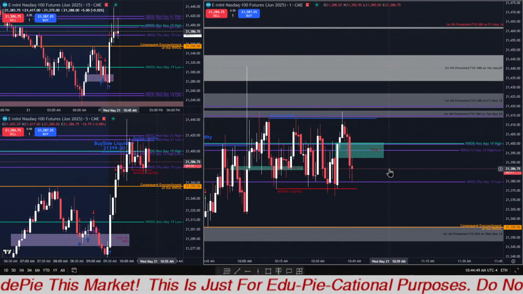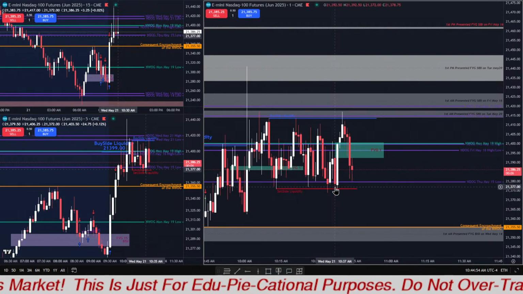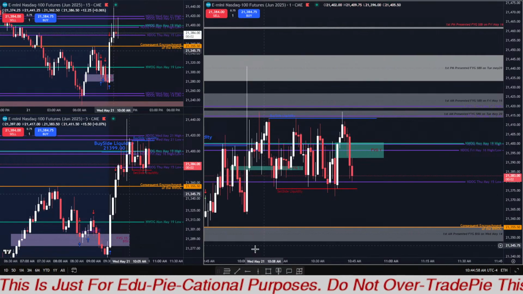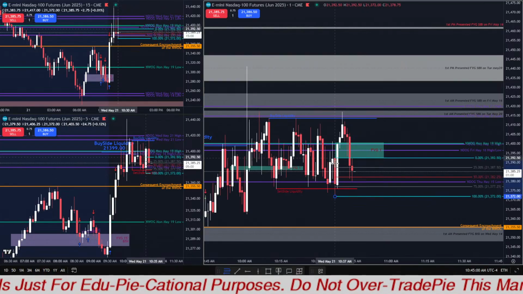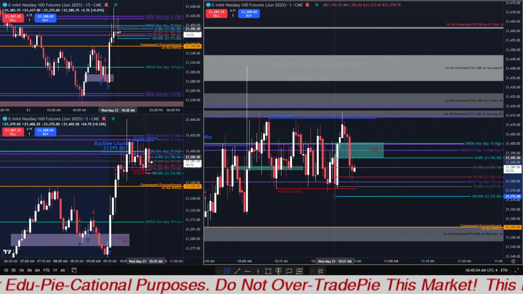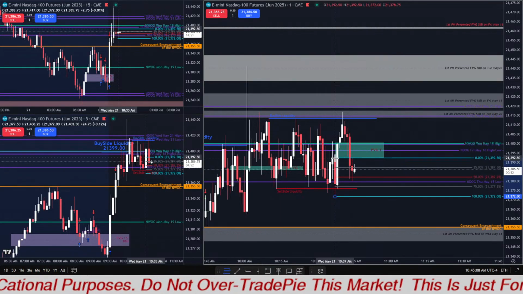Okay, now in my opinion, this is an order block resting over here, and I would like to measure this in order to see how the market is respecting the 50% or midpoint of the order block.